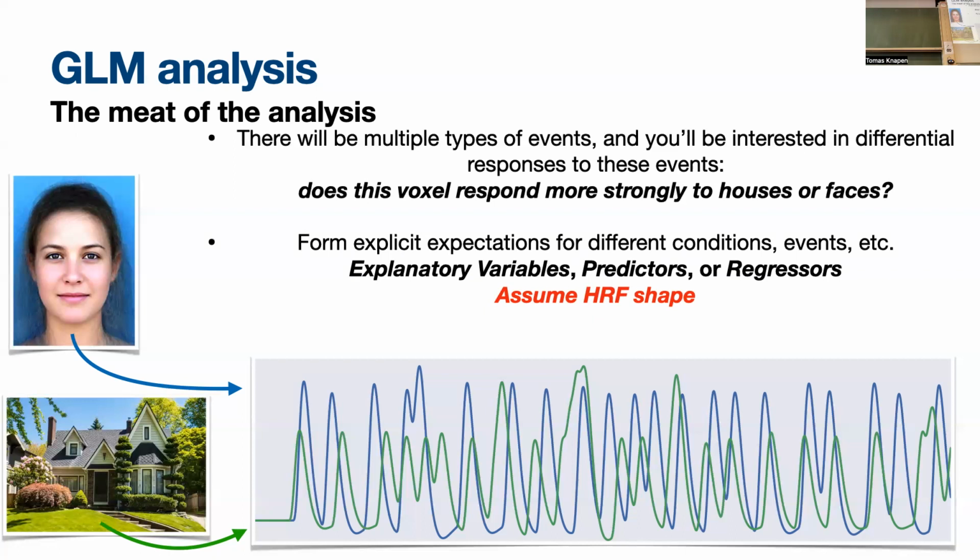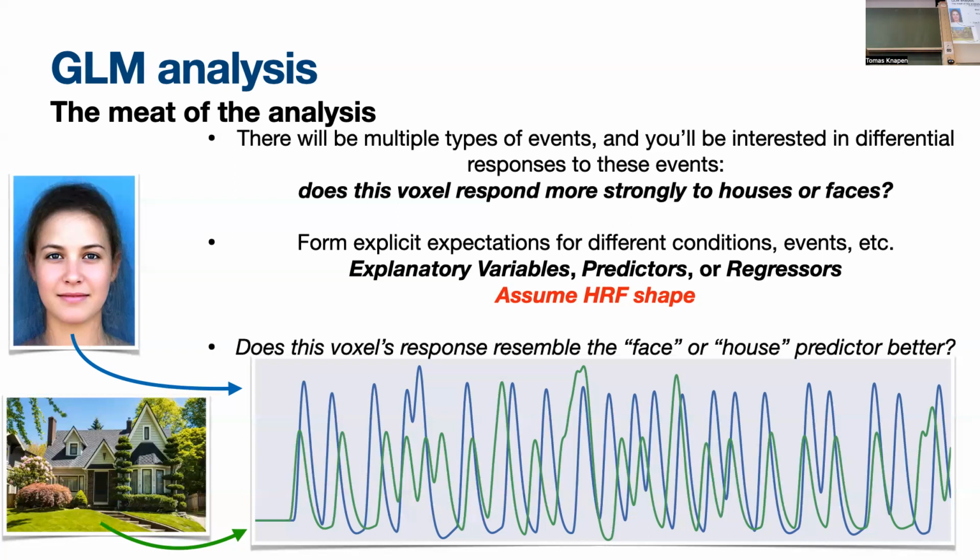All of those words reflect the idea that we use these assumptions to create a model time course that we predict. And now performing this GLM analysis allows us to answer this question: for a given voxel, does the response of this voxel resemble the blue or the green pattern over time better? And is this voxel responding to a house or face?